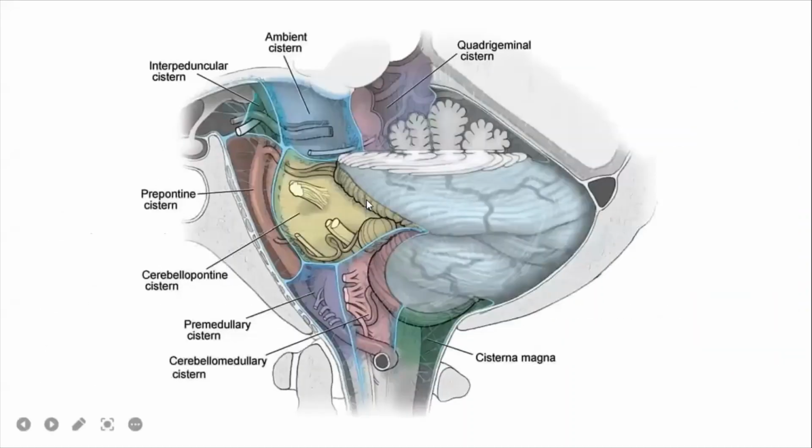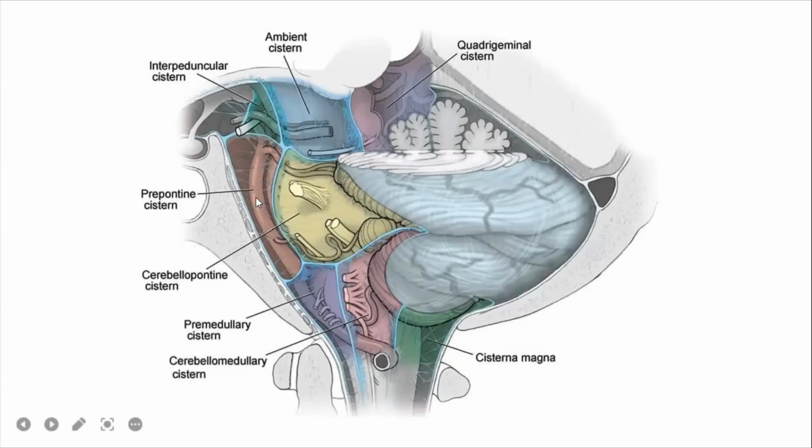As we can see in this figure, there's a space anterior to the peduncles, which is the interpeduncular space. The space between the upper portion of the clivus and the pons is the prepontine cistern. The space between the lower part of the clivus and the medulla is the premedullary cistern.